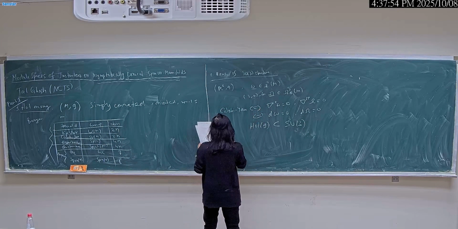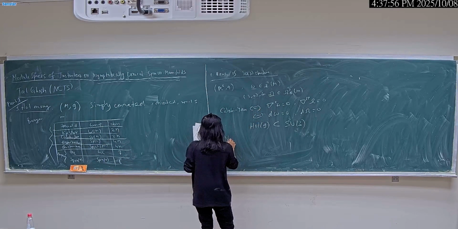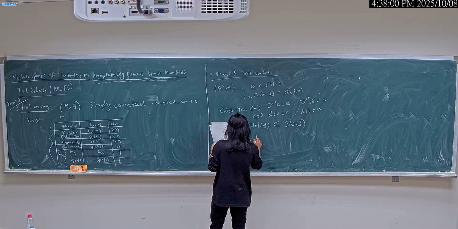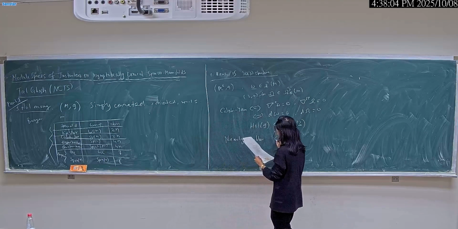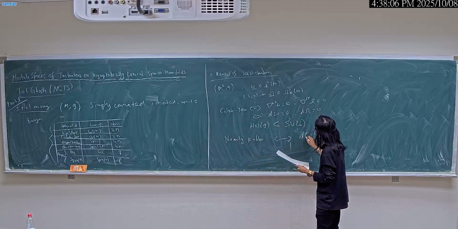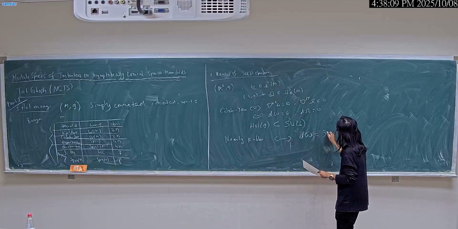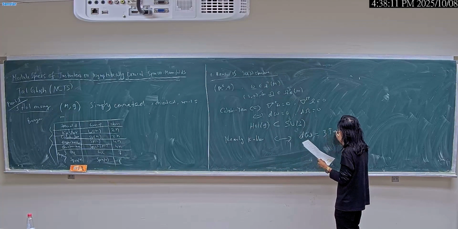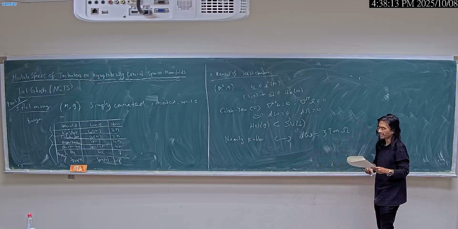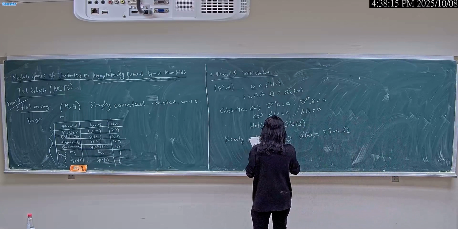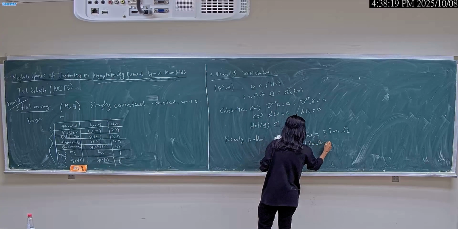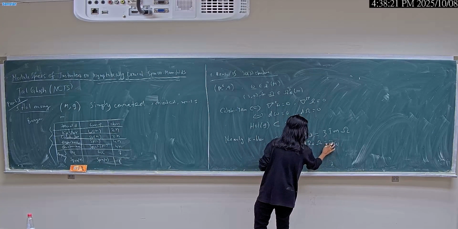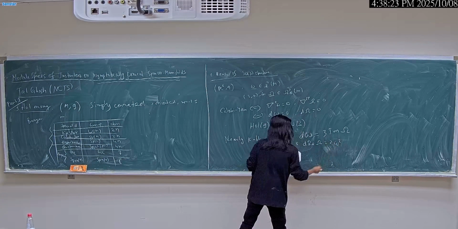Let's look at an interesting example, or rather an interesting manifold: the nearly Kähler manifold. Here the condition is that d omega is 3 times the imaginary part of the holomorphic capital Omega, and d of the real part of Omega should be 2 omega squared.